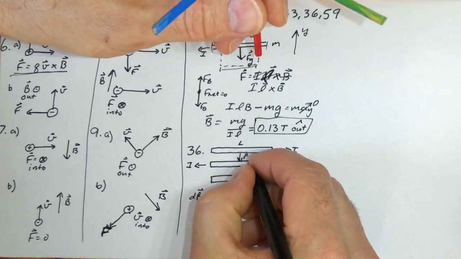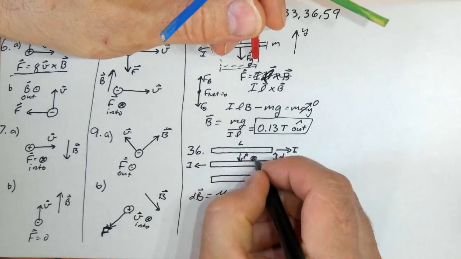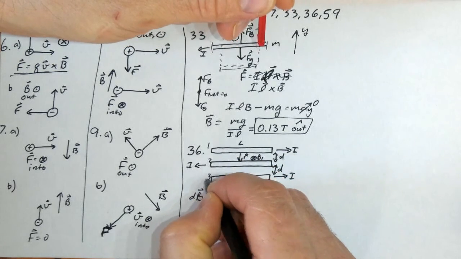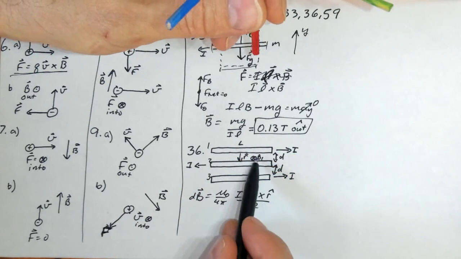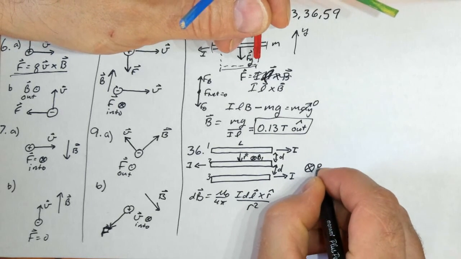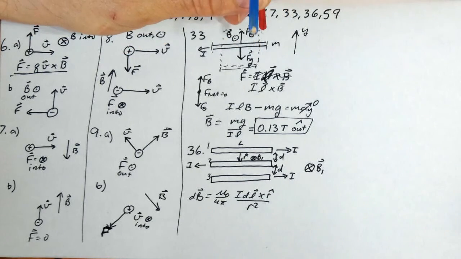Okay, so the field here is into the page from this one. I'm going to call this B1. We'll label this 1, 2, and 3. So the field from B1 is into the page. I'm going to make it a little bit clearer: B1 is into the page at the location of this wire.